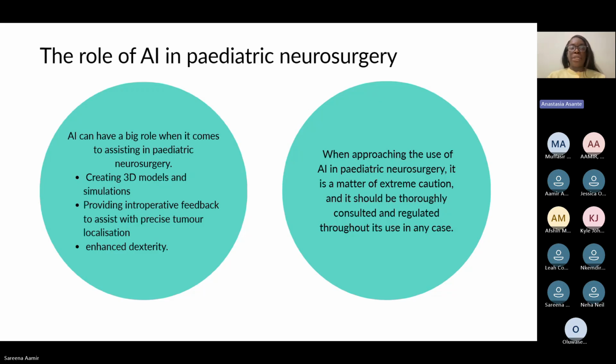With the 3D models, surgeons can also see what's going on within the child's brain prior to the surgery, and then form a plan on how to tackle the disease within the brain, which is really helpful. And when approaching the use of AI in pediatric neurosurgery, it is a matter of extreme caution, and it should be thoroughly consulted and regulated throughout its use in any case.